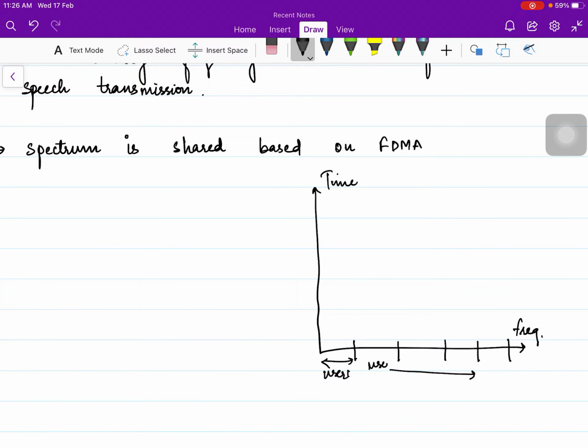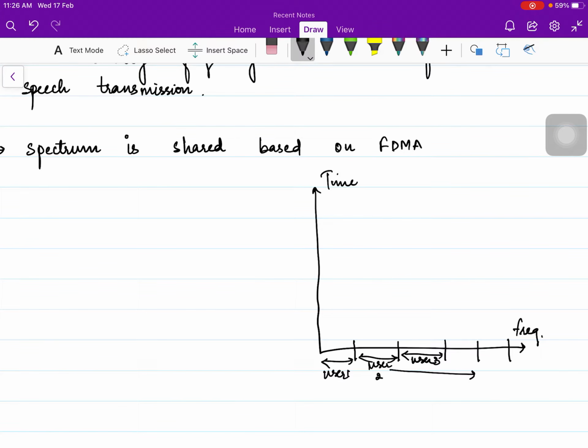This is user 1, this is user 2, user 3, and so on. That band is available to each user for the whole time period, so based on their wish they can transmit the signal anytime.